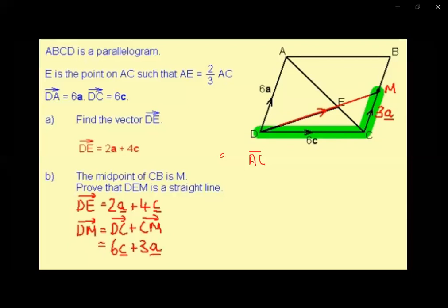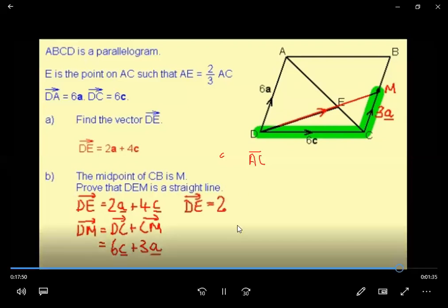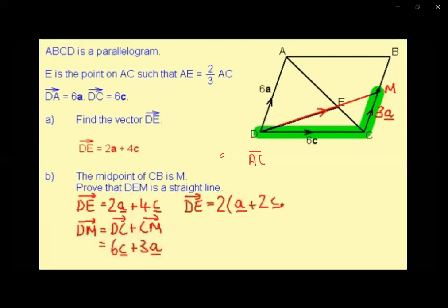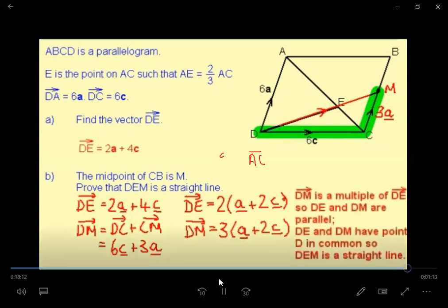I now have the task of showing that this is parallel to this. To do this, I'm going to factorize them both. For vector DE, I now have 2 vector A plus 2 vector C. For vector DM, I have 3 vector A plus 2 vector C. I now have that this is a multiple of this, so they're parallel.